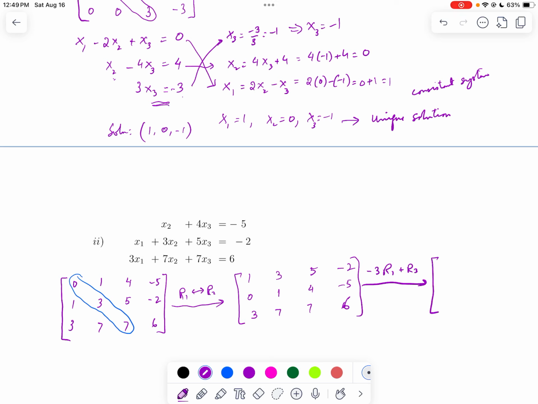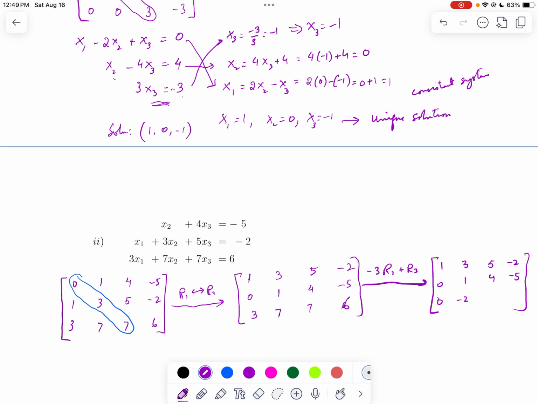So what is going to change? The third row is going to change. The first and second will stay the same. So what will the third row become? Well, think about it. I am multiplying the first row by -3. So -3 plus 3, 0. Then the next quantity, 3 in the first row, multiplied by -3, we get -9 plus 7, -2.